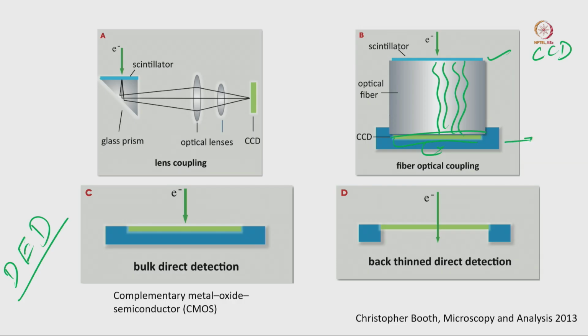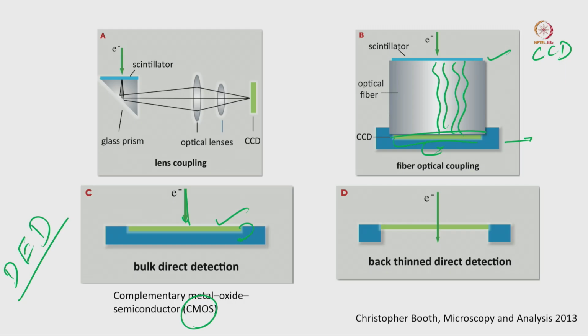But for the CMOS camera, you can see this is the sensor where the electron directly interacts with the sensor, and the signal is transferred and recorded immediately. So, there is no conversion from electron to photon before recording.